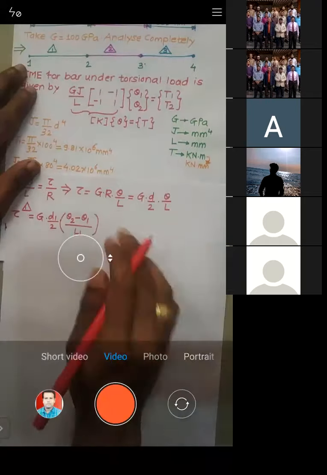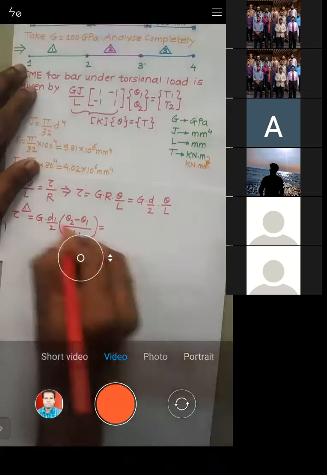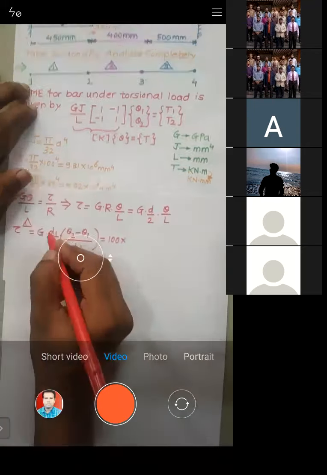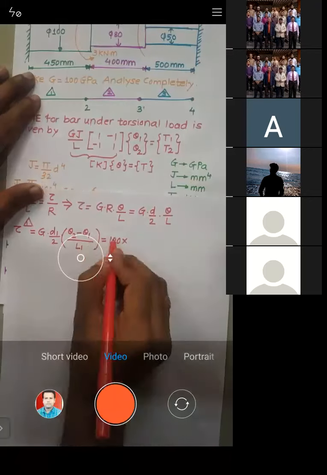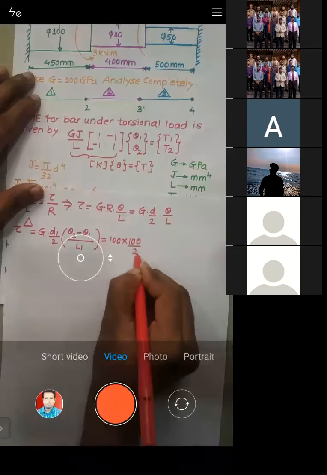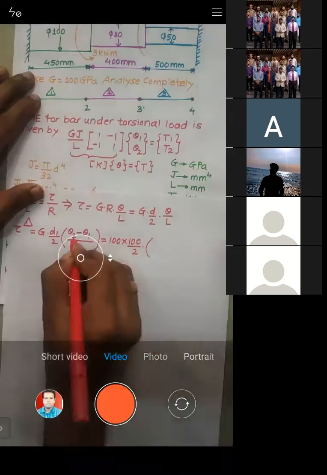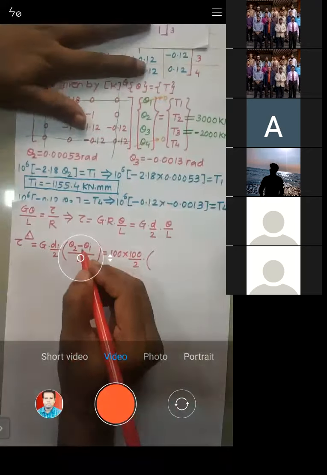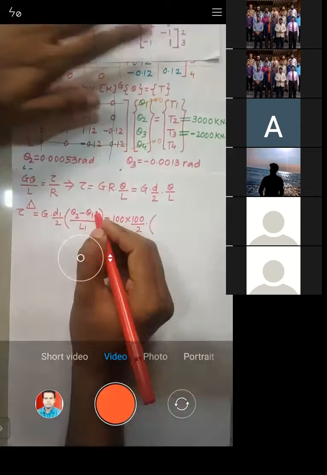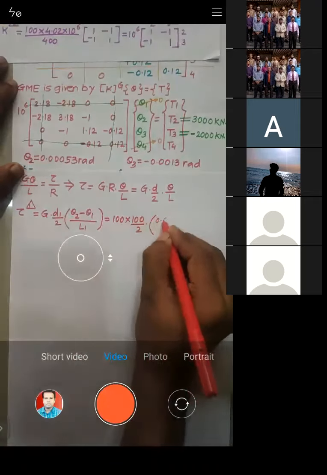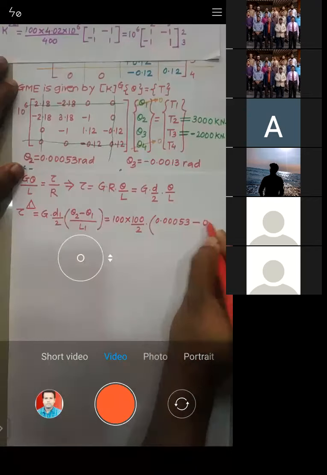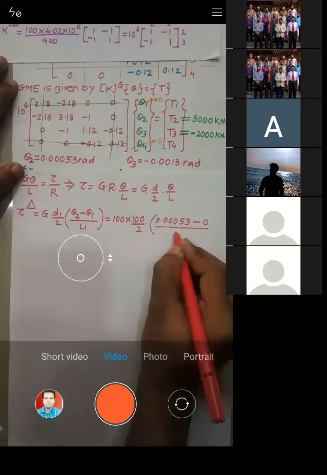So let's put that value. G is 100, into the diameter of the first, which is again 100. So 100 into 100 by 2 into theta 2. Theta 2 we have just calculated, that is 0.0053, minus theta 1, which is 0 because it is fixed, upon the length of the first element.